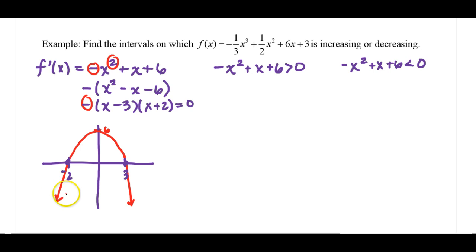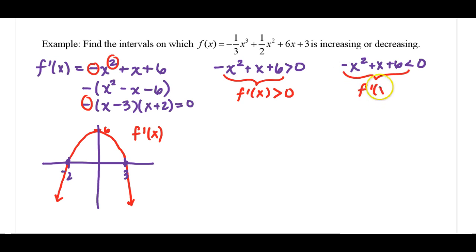So if I know that this is the graph of f prime of x, I want to know when f prime of x, the derivative, is positive. And then this again is f prime of x, so I'm interested in when f prime of x is negative. So if I read this graph, where is this derivative graph positive?